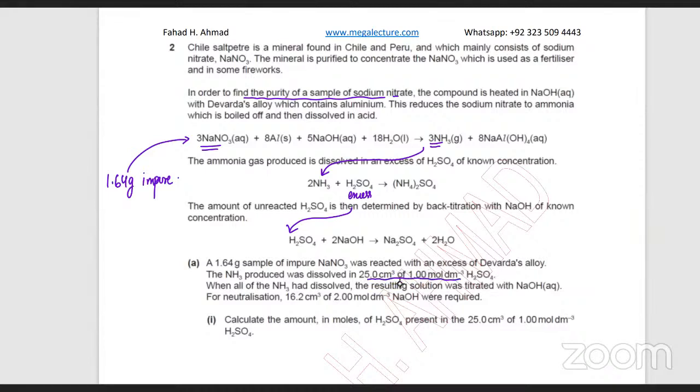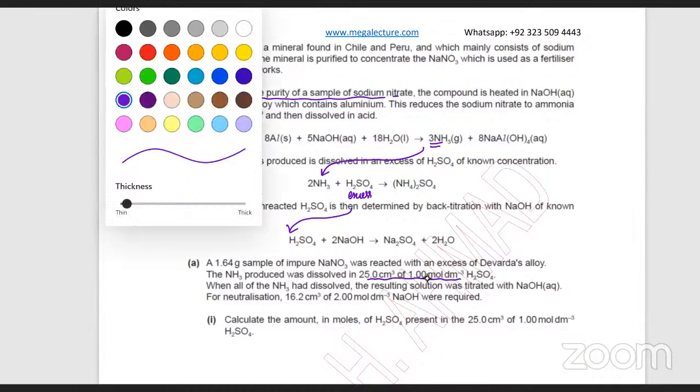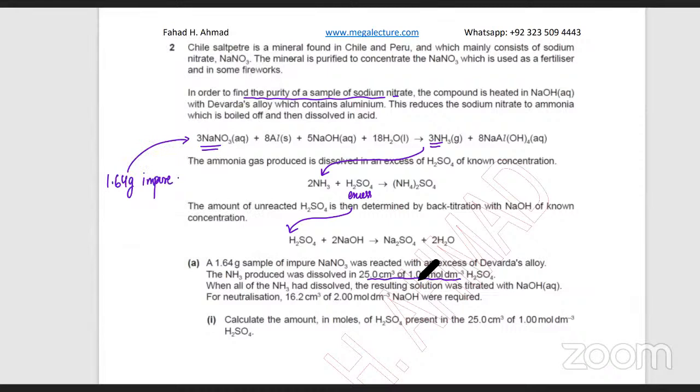What amount of sulfuric acid was it dissolved in? 25 times 1 divided by 1000. How many moles are formed? 0.025. But remember, that's in excess.